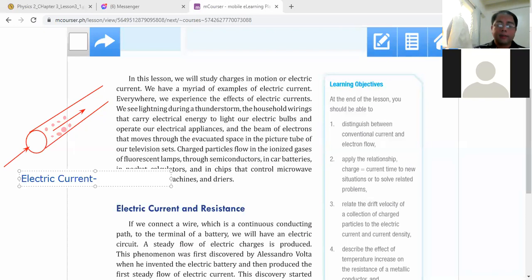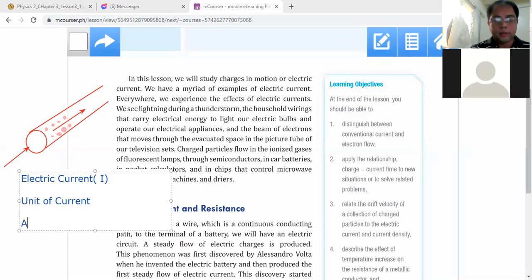They give a symbol for the electric current as the letter I, and the unit that they attach to electric current is the ampere.